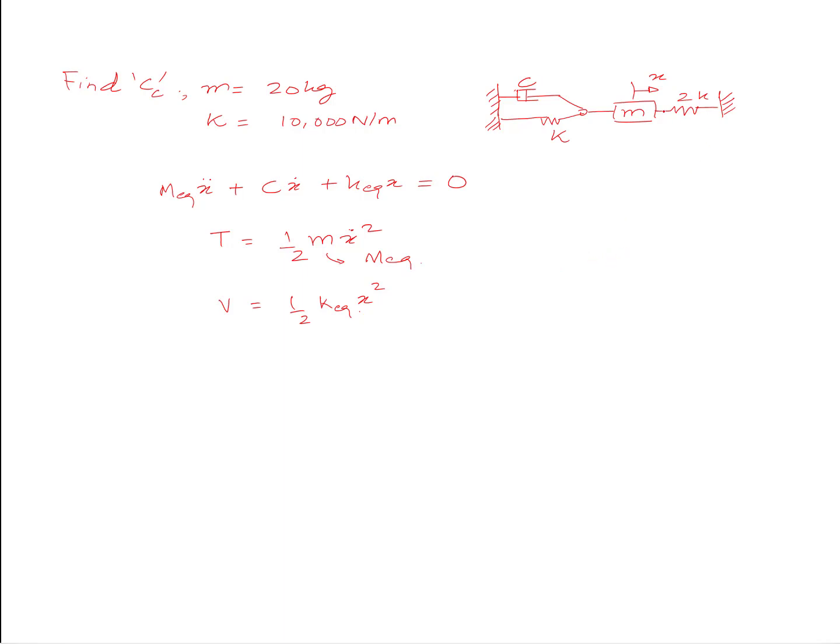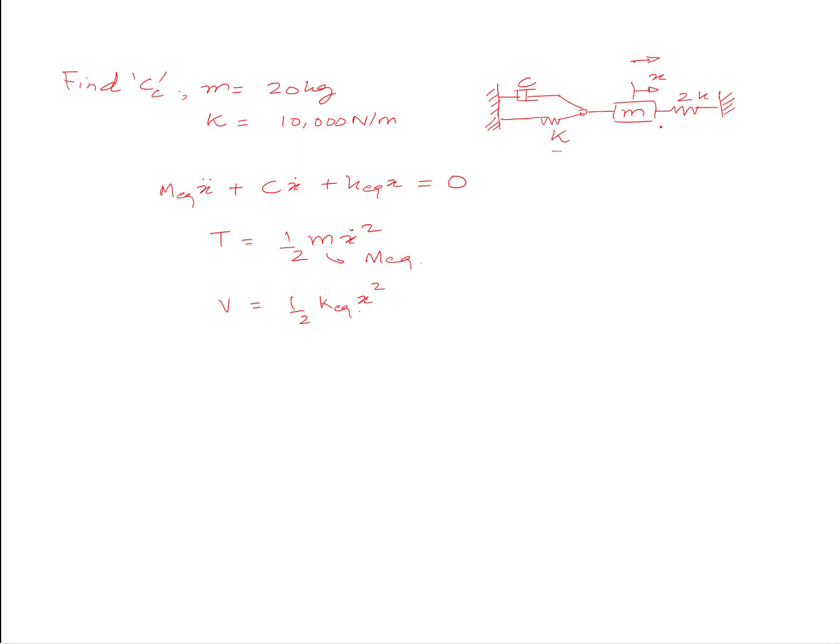If you look at this problem, if this mass deflects by x deflection, let's assume that this mass is moving to the right, then the spring on the left hand side will expand and the spring on the right hand side will contract.